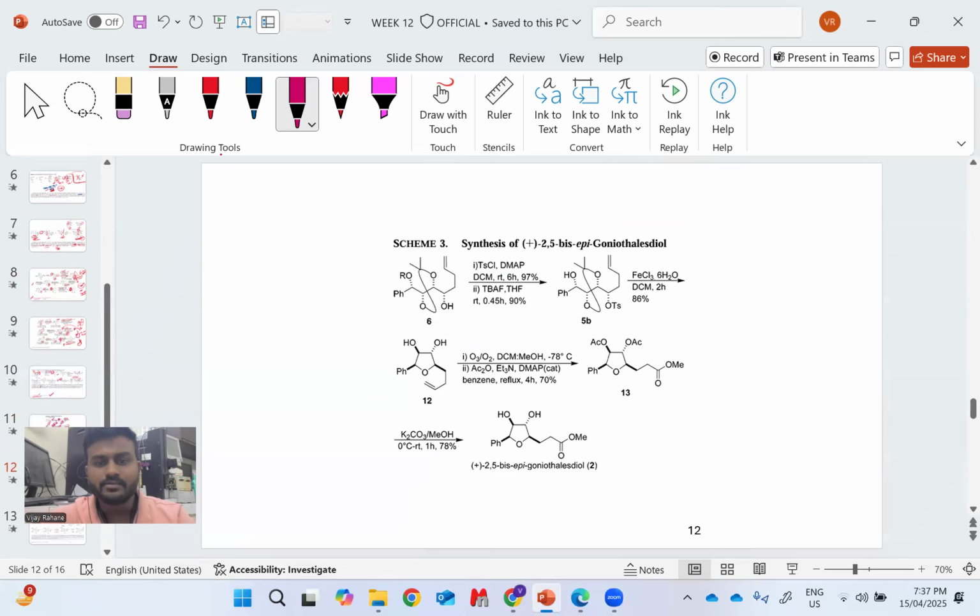Another example here is in a similar manner: tosyl chloride for hydroxy protection, then the TBAF, that is the deprotection of this OR, where R is equal to TBDMS, and this group is reprotected, you can see here. Here is the ozonolysis reaction, so this group has been deprotected, and after ozonolysis, upon the addition of methanol, obviously acid is formed, and the acid is again converted into the corresponding ester.